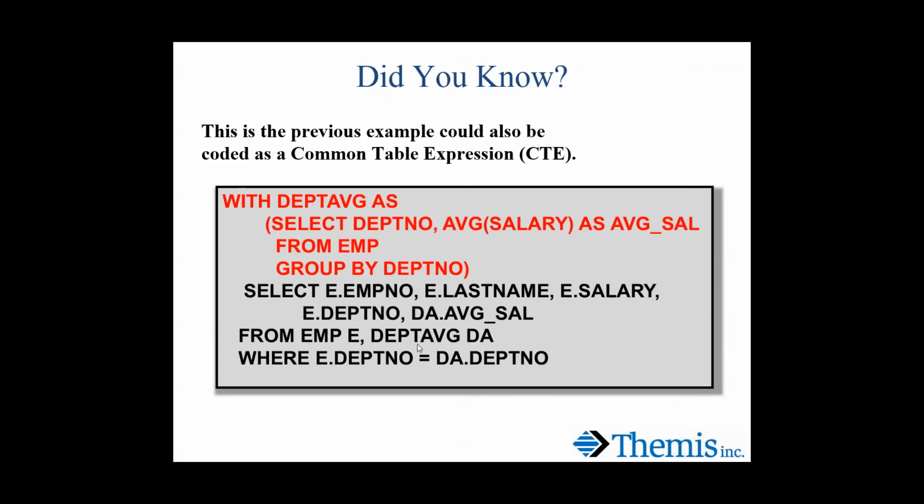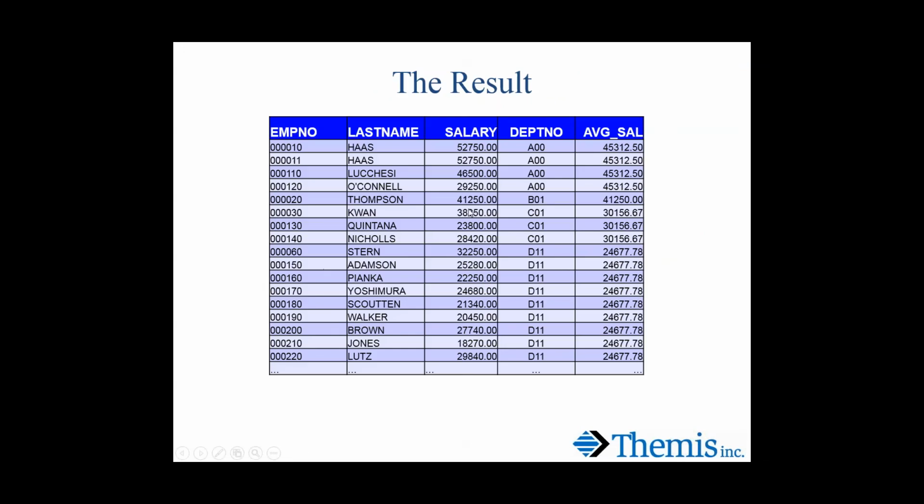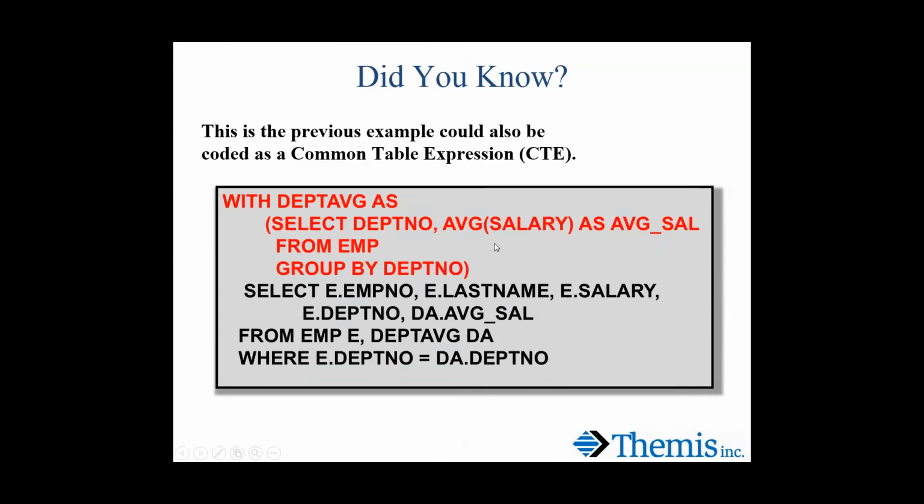The thing that I'm going to actually see come back is the results of this select that's in black, and we'll actually get the same answer as I got before. All right, so this is just another way to write the same thing. I'm pulling the table expression out of the from clause and building it ahead of time, ahead of actually executing this query.